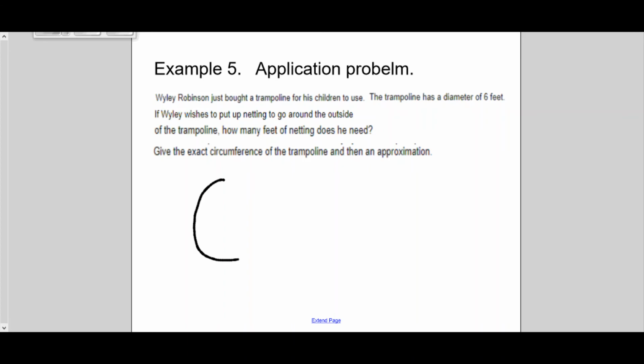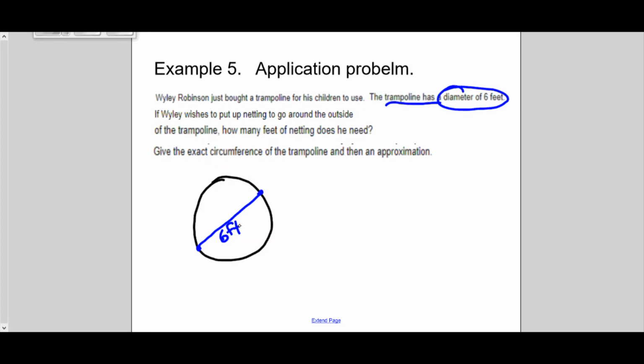It looks like it has the shape of a circle. And they tell you the trampoline has a diameter of 6 feet. Remember, diameter goes all the way across the circle. So the length from here all the way to here, this is your diameter, is going to be 6 feet.